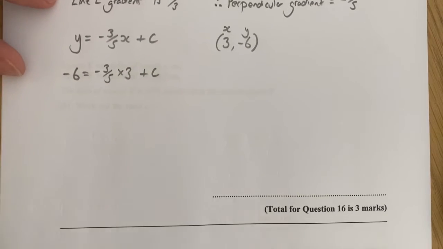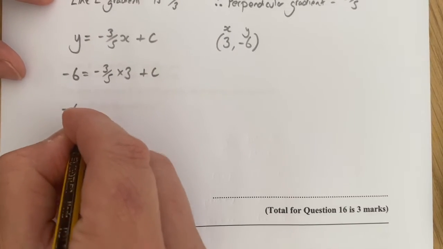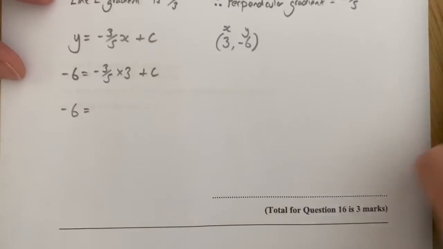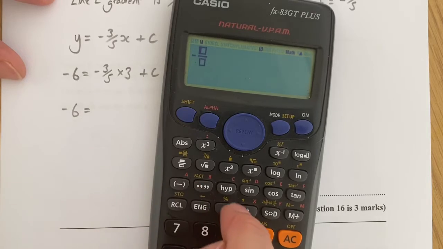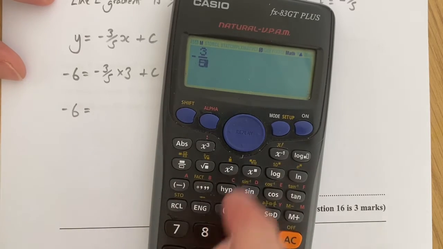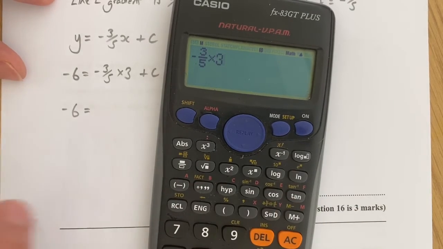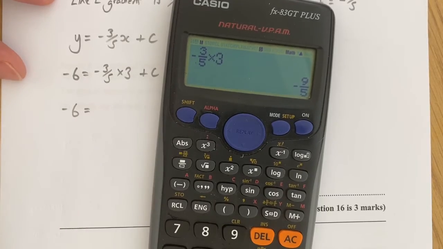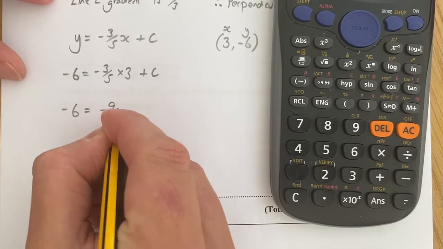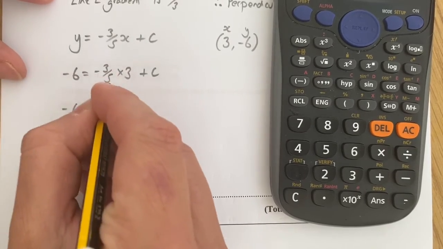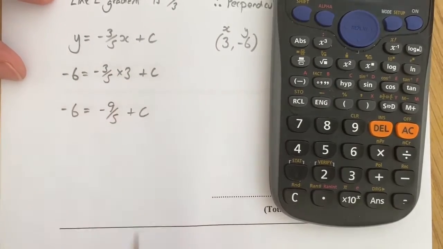If you want to use the calculator, to be really confident and check it, minus 3/5 times 3 is minus 9/5. So minus 6 equals minus 9/5 plus c.